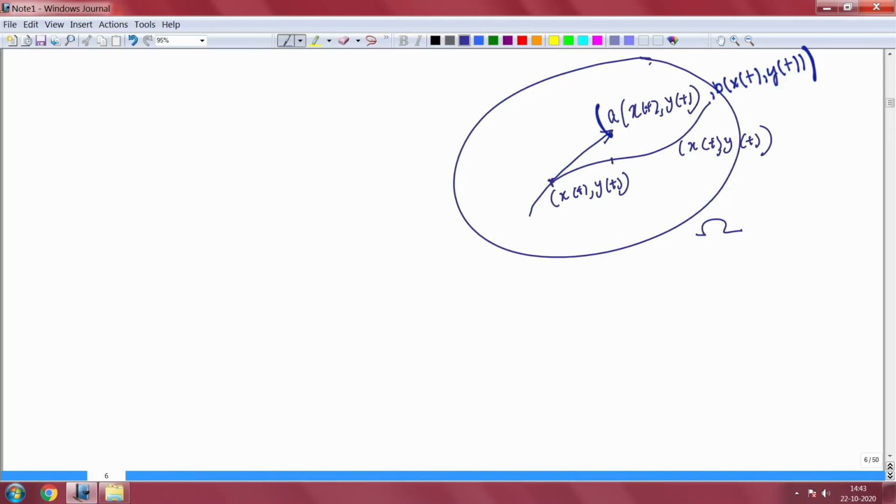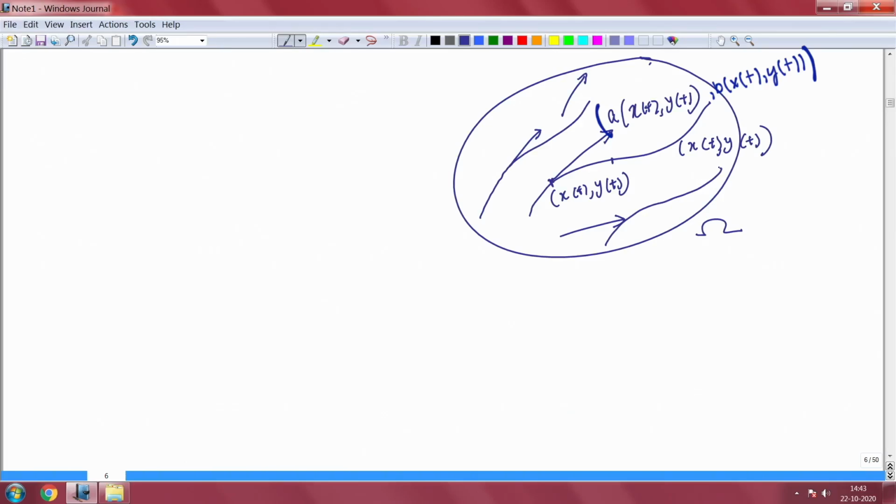Every point has tangential direction (a,b), though the vectors need not be parallel. So you are trying to fill up your domain omega with curves whose tangents are given by (a,b).